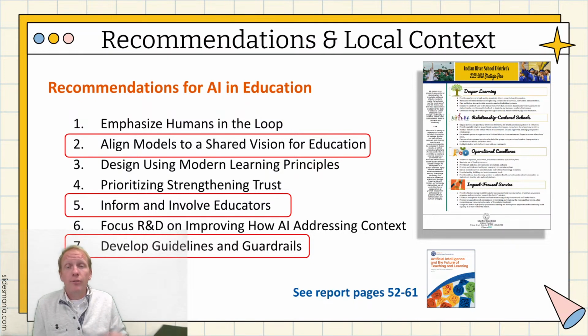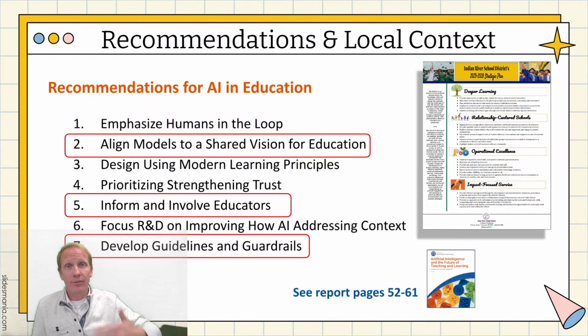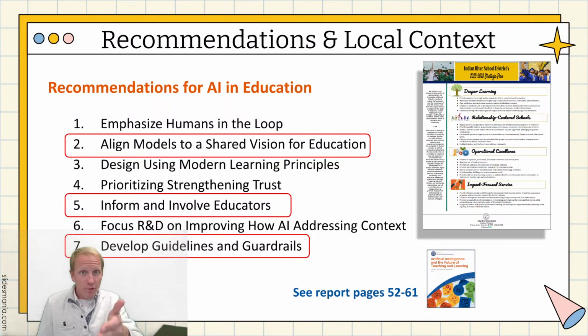Number two, it's to inform and involve educators, which part of it is this webinar, and another part of it is going to be the work that you're asked to complete within your departments or your PLCs. And lastly, it's to collaboratively develop guidelines and guardrails that come from you all as the practitioners within our district that align to the strategic plan.